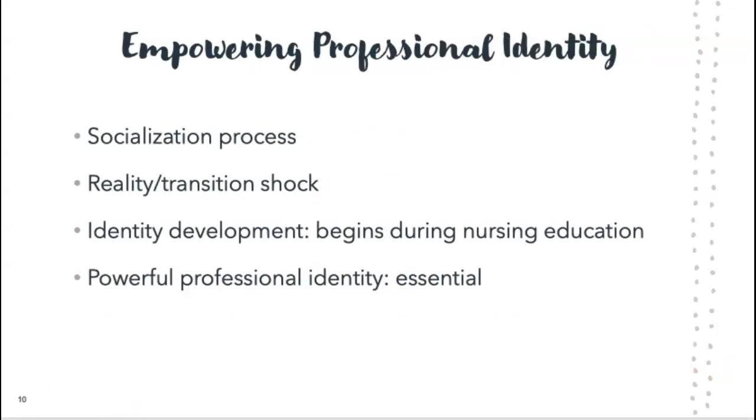So lastly, looking at an empowering professional identity. So nurses' use of power has implications for nursing practice, politics, and policy. Power and professionalism are closely related, and having a strong professional identity is important because a lack of empowering professional identity means that others can step in and decide what nursing is and what nursing can do.